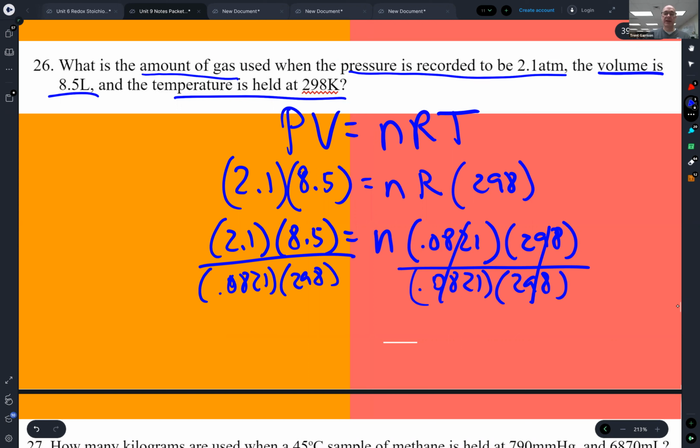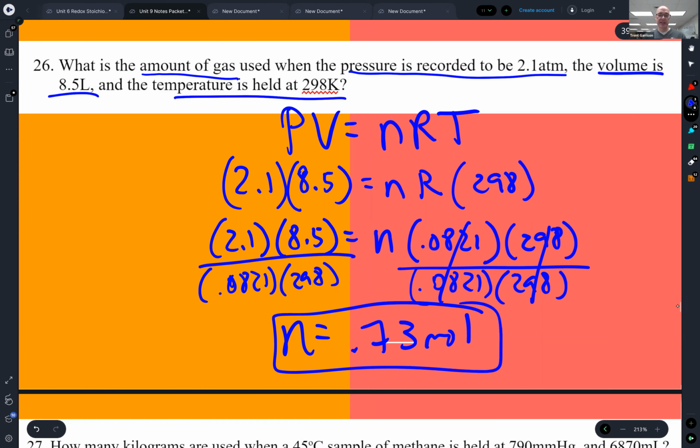So now I cancel out, and I've got n over here. So I am going to take that, I'm going to divide by 0.0821 and divide by 298. So I've got 2.1 times 8.5 divided by 0.0821 divided by 298, and I end up with 0.73 moles. How do I know it's in moles? Because the unit for n is moles.